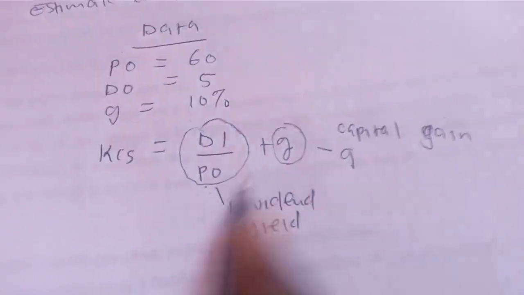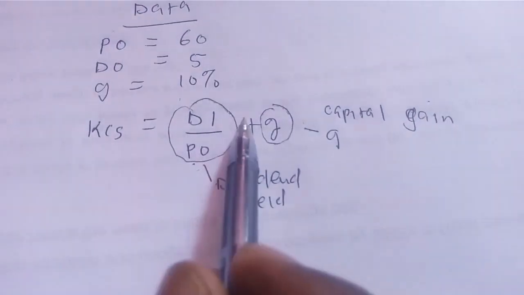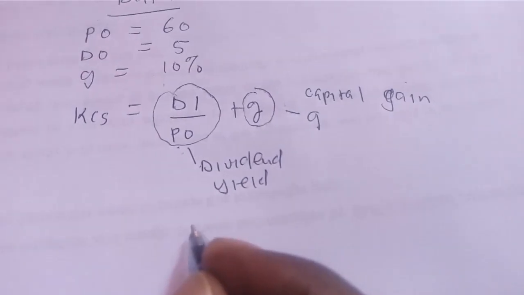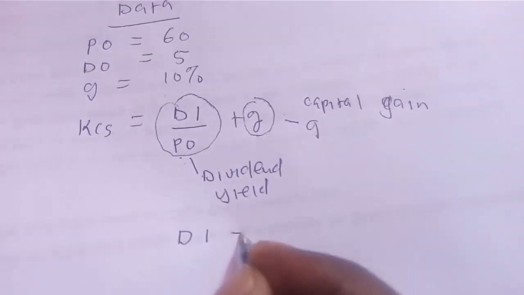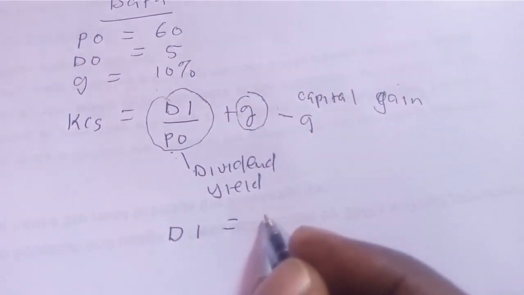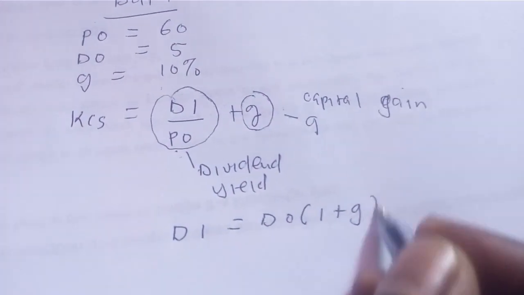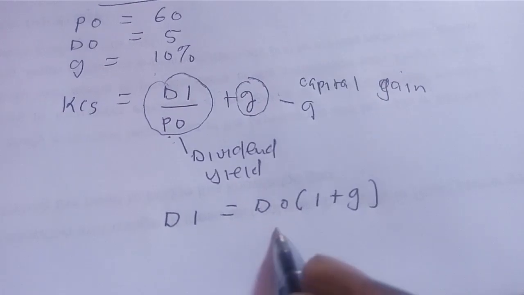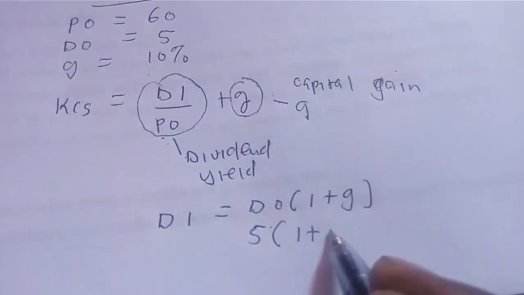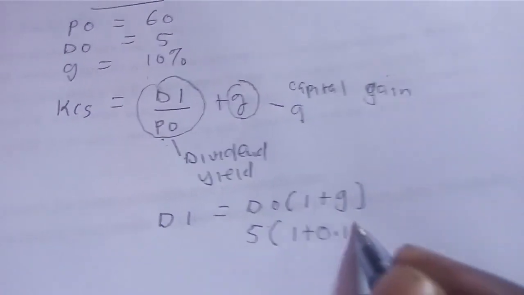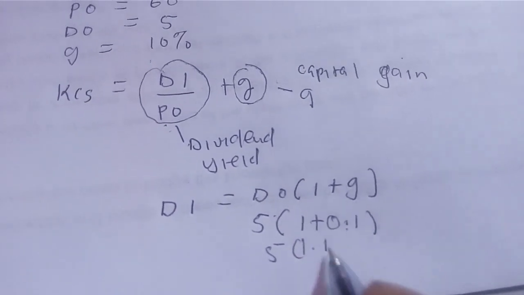So having known this formula, you have to ask yourself, do we have the expected dividend? Of course we don't. So there is a simple trick for finding the expected dividend, which is D1. We apply a basic formula: the current dividend D0, we multiply by 1 plus the growth rate. So our D0 in this case was 5, then 1 plus our growth rate, which has been estimated to be 10%, which is 0.1, gives us 1.1.